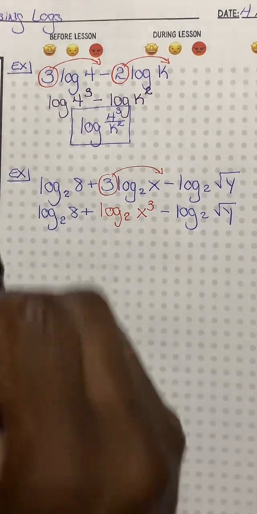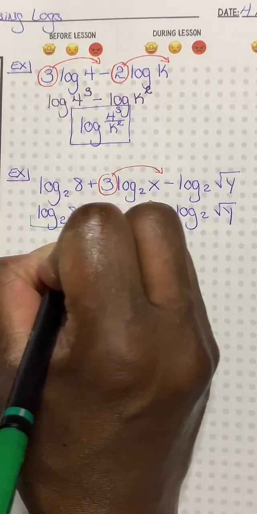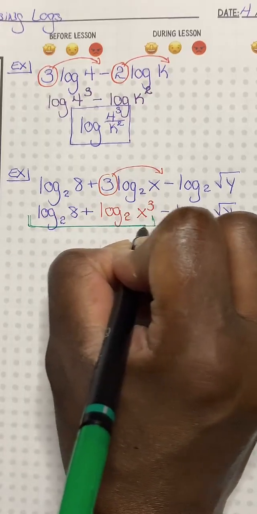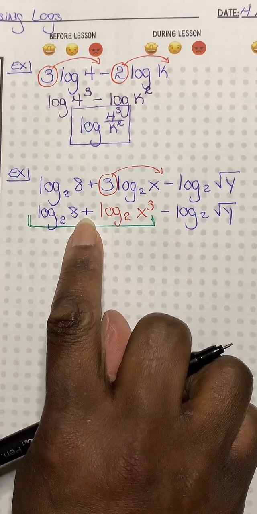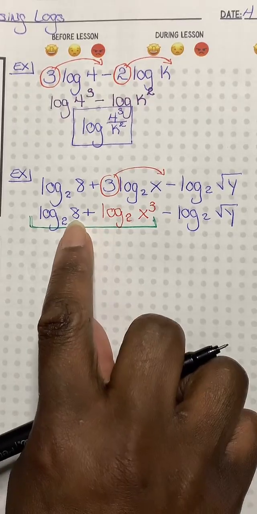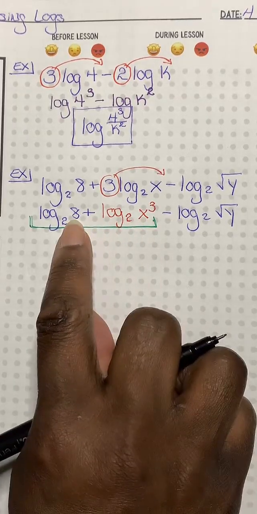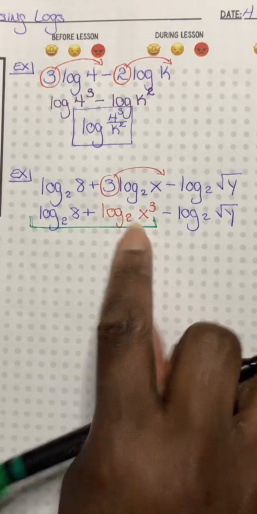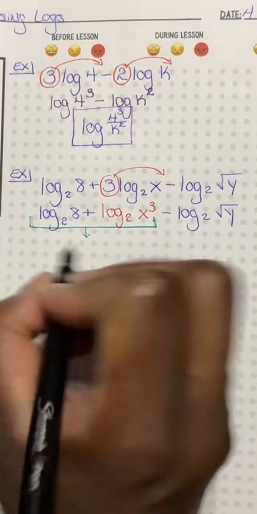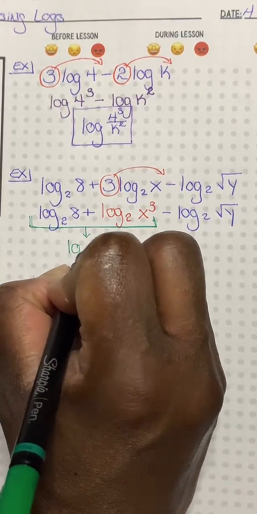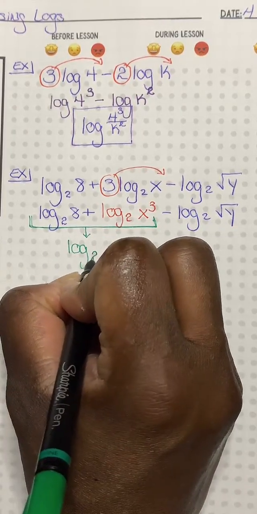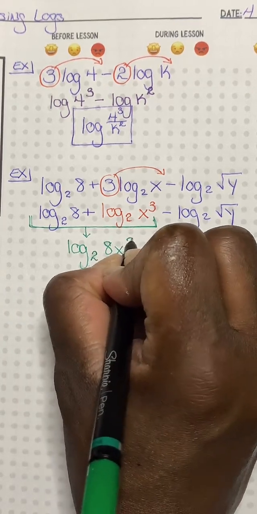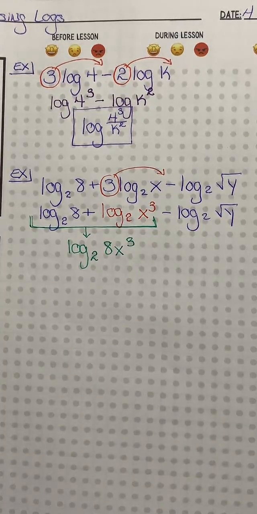So now this part here, I'm going to condense that. Since it's a plus, that means I'm multiplying my numbers. I'm multiplying the 8 with the x cubed. So I got my log base 2 of 8x cubed.